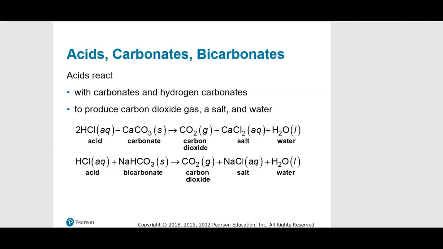Acids also react with carbonates and hydrogen carbonates, or bicarbonates, to produce carbon dioxide gas and a salt and water. If you think about the Lowry-Bronsted definition of acids and bases, you should be able to see that in the Bronsted-Lowry sense, carbonate is acting as a base.